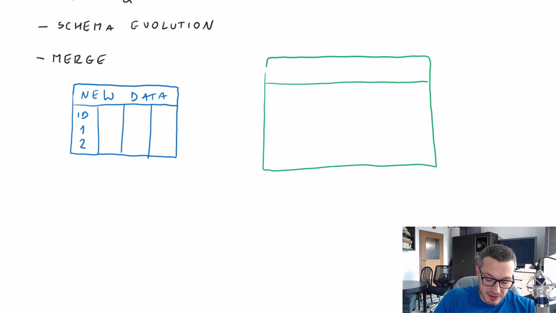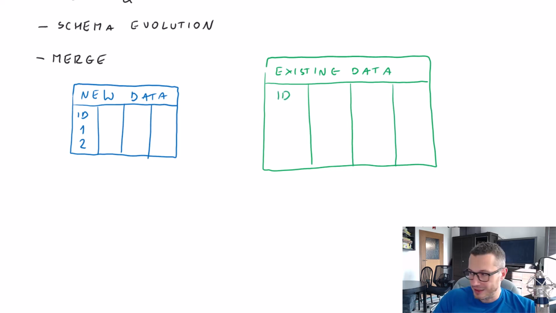So this is our existing data that was ingested in the past. And again, this table has the same 4 columns with ID column and with some other ones. And let's say that we have values 3, 1, 3, 5, and 7.